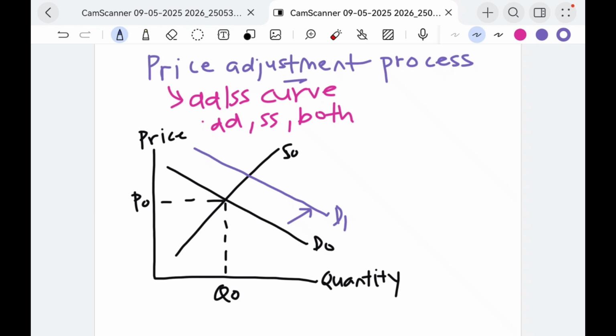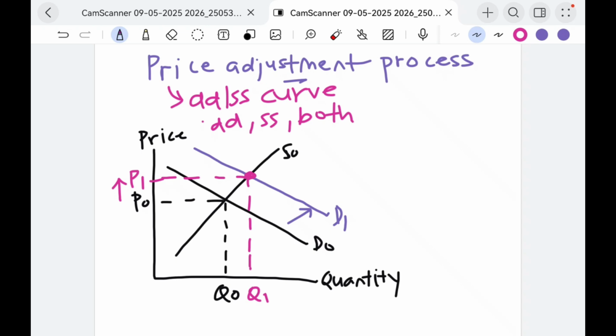So the impact to your price and quantity is that your quantity increases and your price increases. This one is straightforward, because you just have to look at the new intersection of the new demand curve and the supply curve, which is unchanged in this case, and then you can tell that the impact to price is that price has increased.